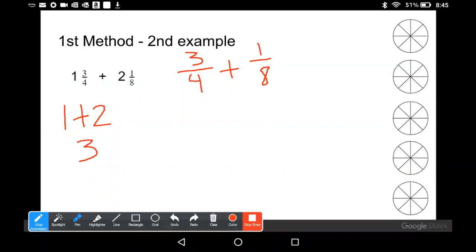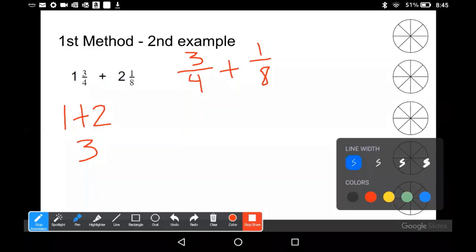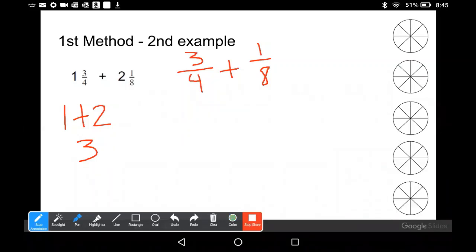If I'm adding fractions, I have to have a common denominator. So I have to look and say, what do 4 and 8 both go into? They both go into 8. You may have said something different. That's fine. Remember, you can have multiple answers here, but 8 is the smallest one. So I'm going to do 8 and 8.